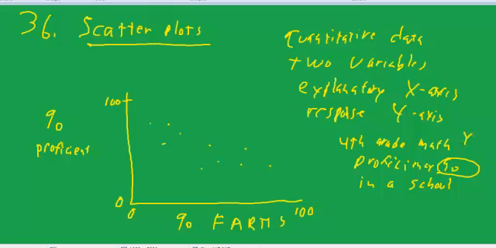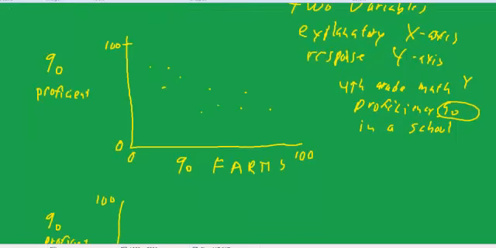And the x variable is a measure of poverty. The percent in poverty, as measured by the percent on what's called free and reduced meals, and that's what FARMS stands for.